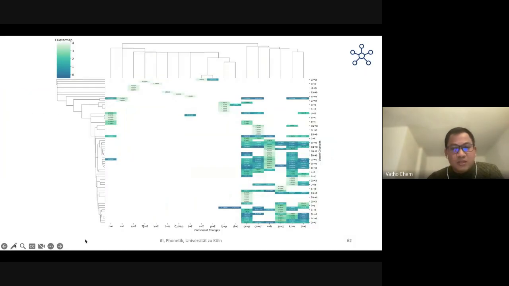So this is the clustering, but we use a heat map for clustering how the consonants and vowels are correlated with each other. As you can see here, consonant clusters with trill consonants play an important role in vowel change. As you can see, the green color on the left-hand side.